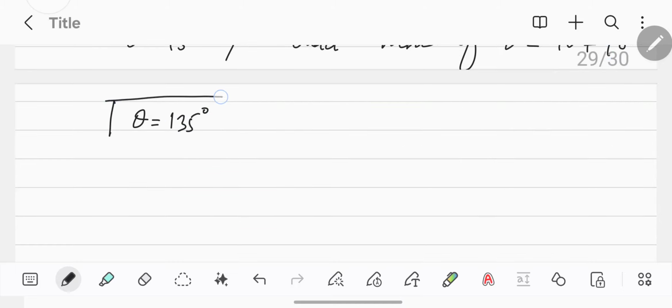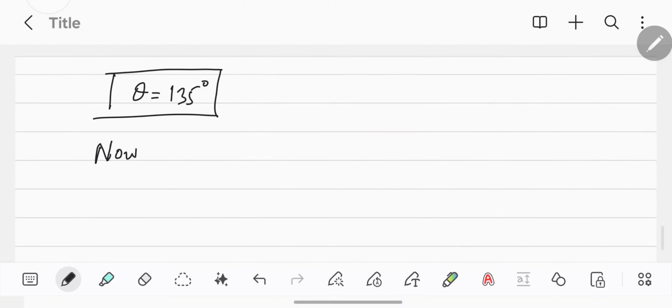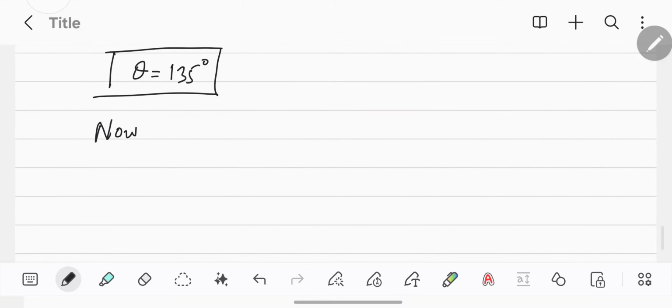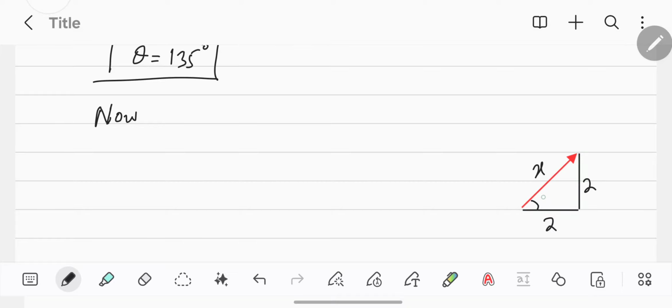Now I have found my angle theta. Now again apply sine and cosine on the triangle. So here is the triangle. So this angle is 135 degrees. Now if I apply sine of 135 degrees, it is this divided by this, since this value x is equal to 2 times square root 2, which we have already found.